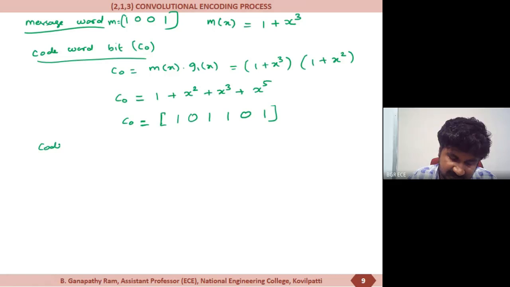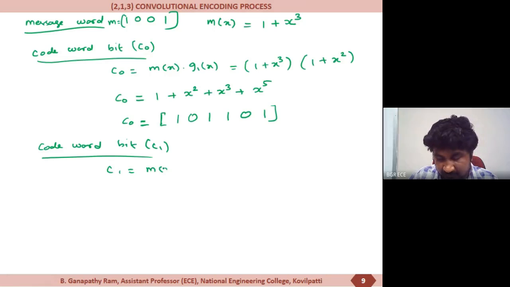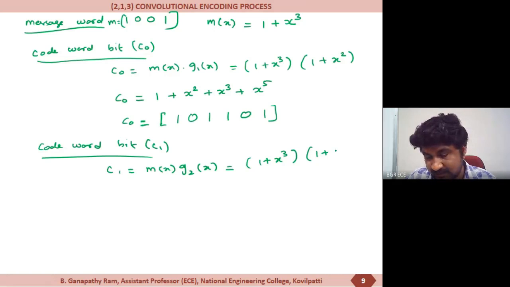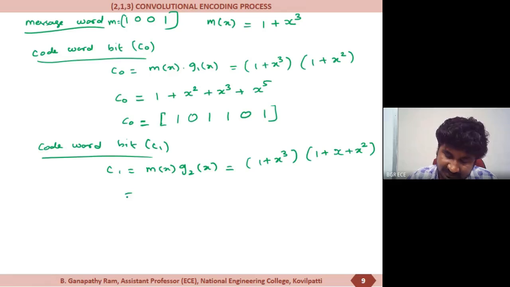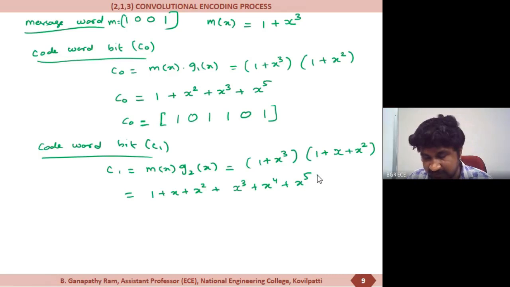And similarly, the corresponding code word bit C1 is generated with the help of the product of the message polynomial with the generator polynomial G2 of x, which can be written as 1 plus x cube multiplied with 1 plus x square, which can be written as 1 plus x square plus x cube plus x to the power 4 plus x to the power 5.